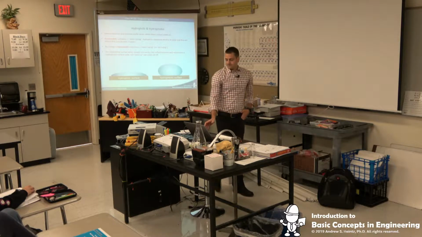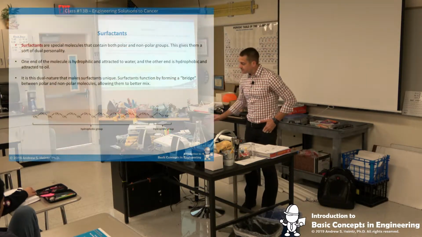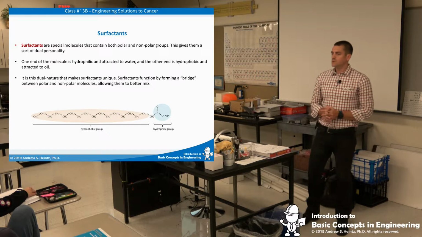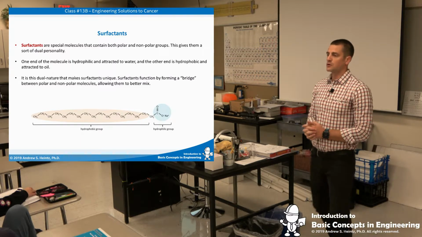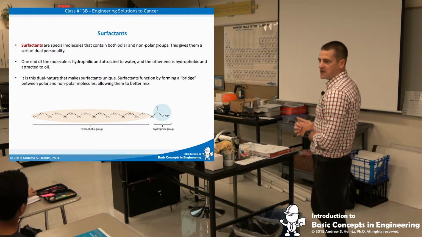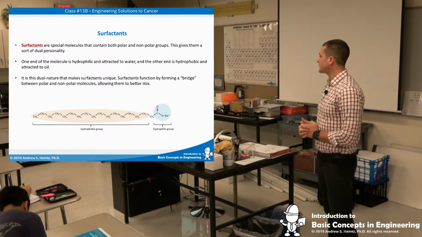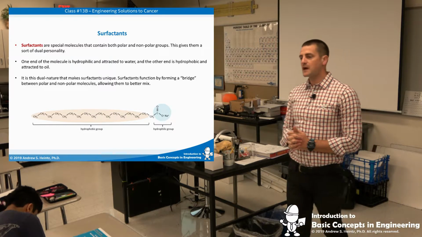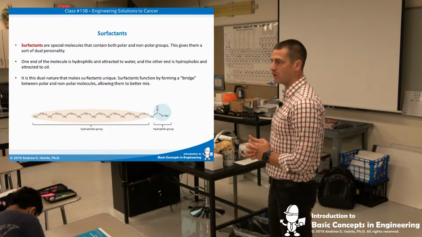All right, so surfactants, though, are these very interesting molecules that actually have both parts. What they have is a very long chain, very long tail is what we call it, that is hydrophobic. So that portion of the molecule looks like oil.